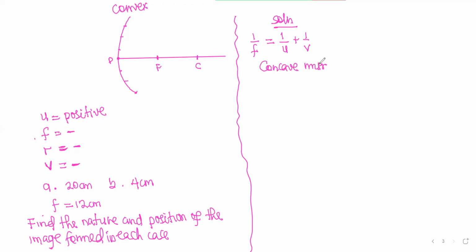If it's a concave mirror, then using the RP convention, the focal length F given to us will be positive.